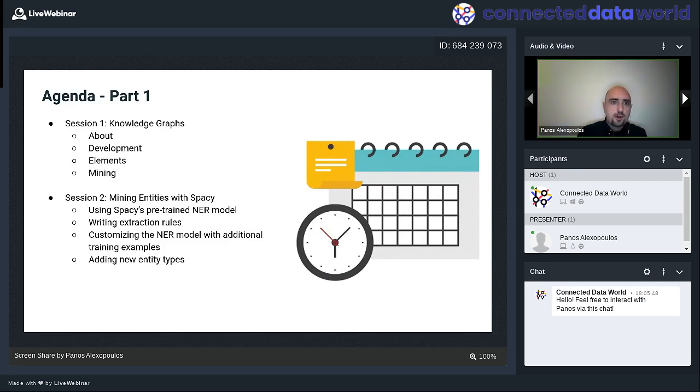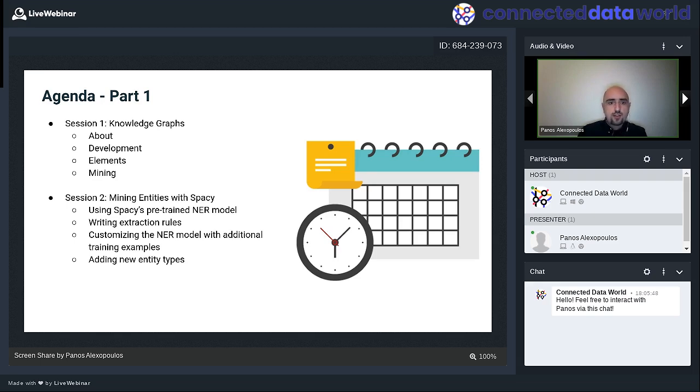The first session will be about knowledge graphs in general, so it will be like a fast introduction into knowledge graphs: what they are, what are their main characteristics, what it means to develop a knowledge graph, what are the typical steps, what are the difficulties in building one, what are the elements a knowledge graph consists of, and then how we pursue to mine these elements from text.